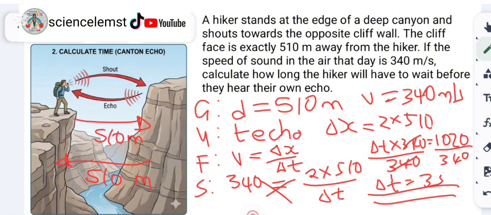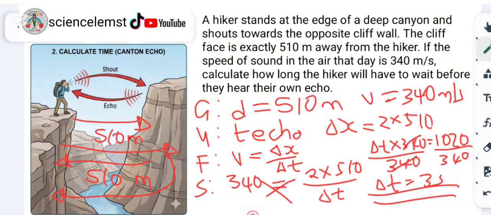The time I hear the echo, it means it's the time I went there, t, and I came back, t2. So it means my echo traveled double the distance. That is why I have to do what? I have to double the distance.